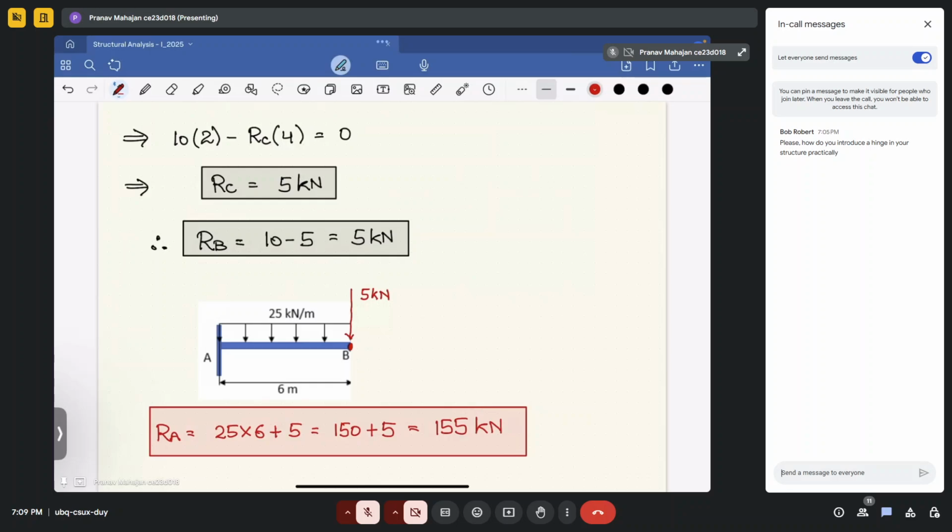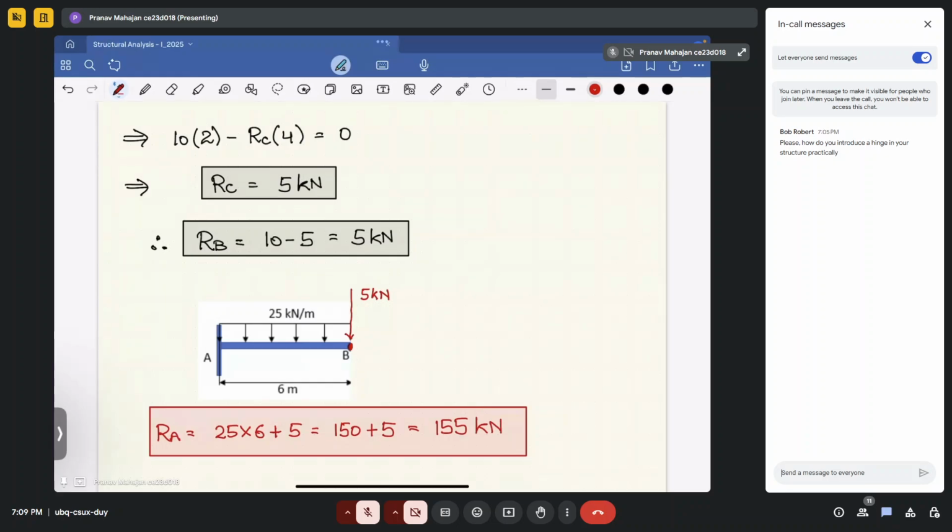Robert has written, how do you introduce an internal hinge?